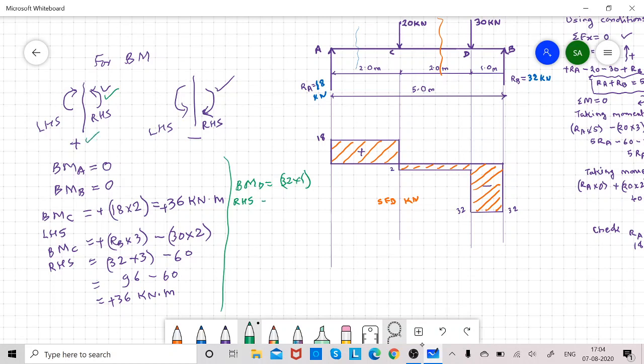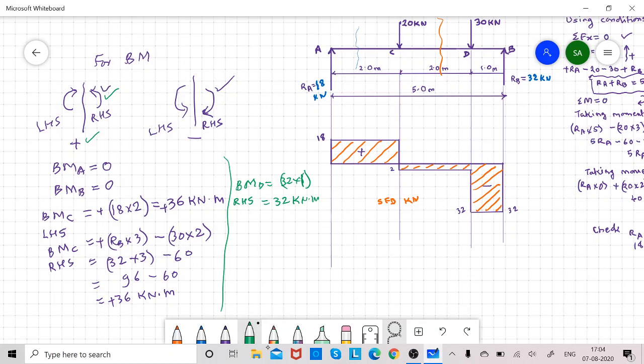So 32 into 1, that is 32 kN meter, is the positive bending moment at D. Don't consider the left hand side again because it will be the same and will waste your time, so only consider one side, which is easier.